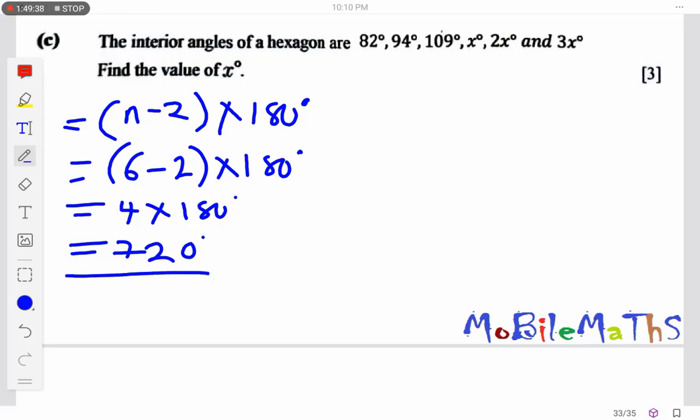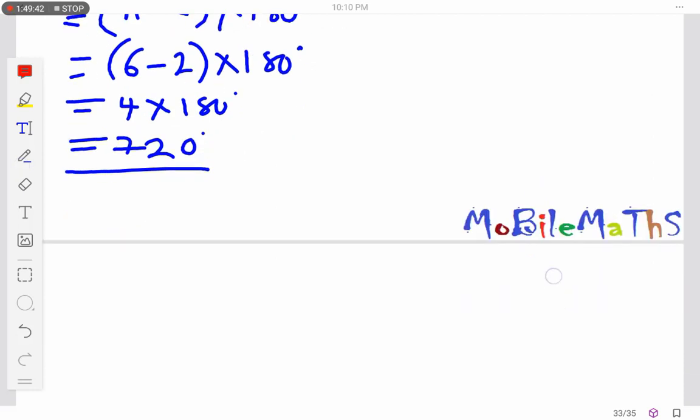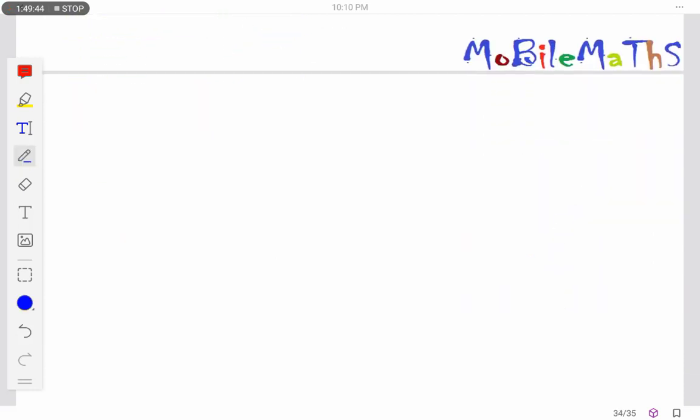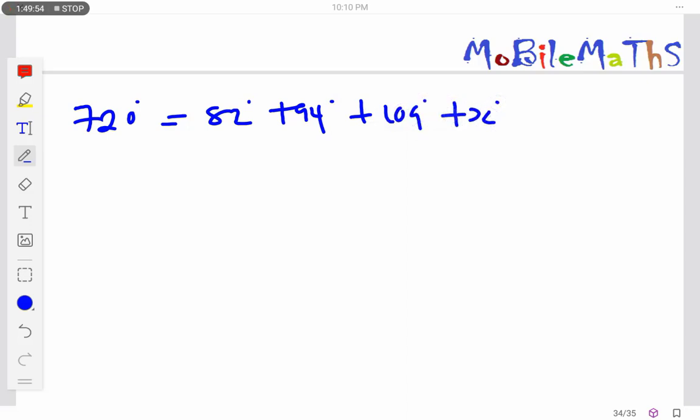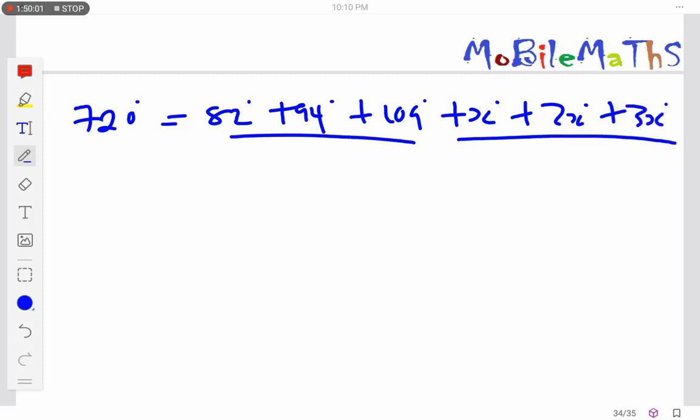Now I'm going to use this sum to find the x. We can now say, okay, I have 720 is equal to 82 degrees plus 94 degrees plus 109 degrees plus x degrees plus 2x degrees plus 3x degrees. Then I add these x together and these ones together. And I'm going to subtract these ones from that side.